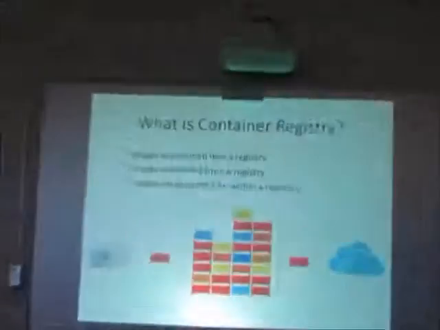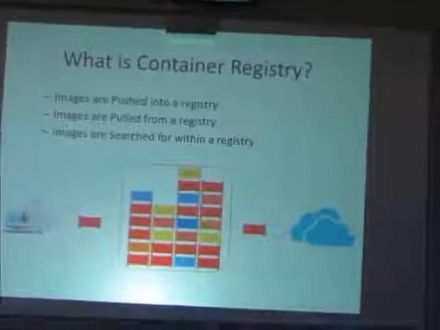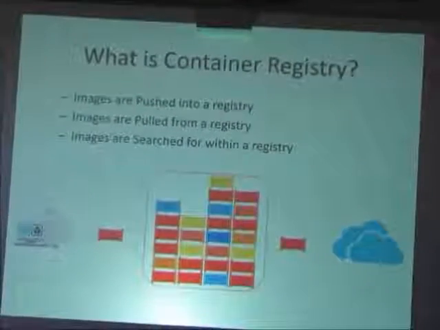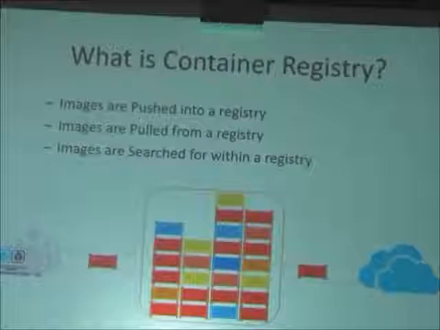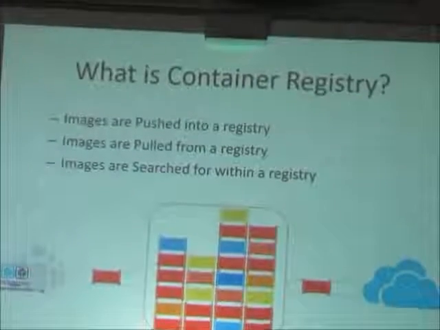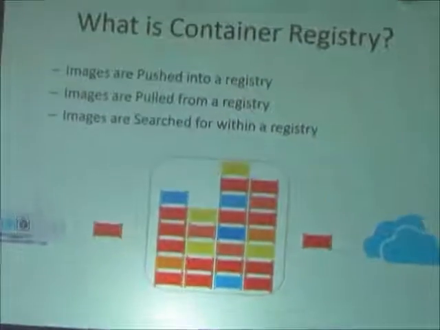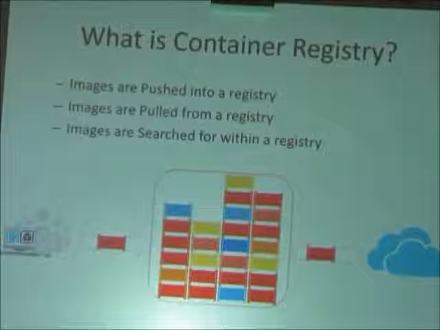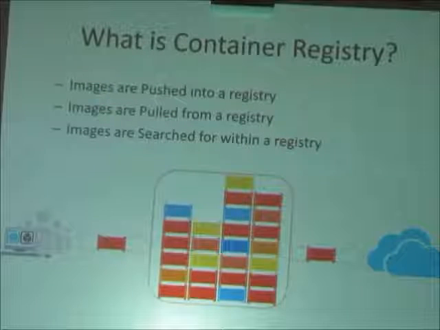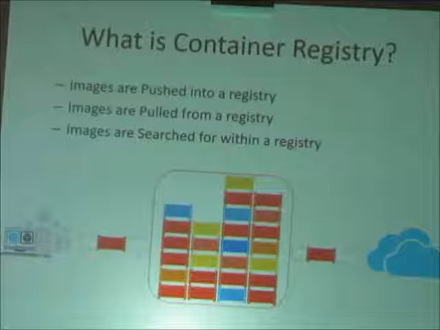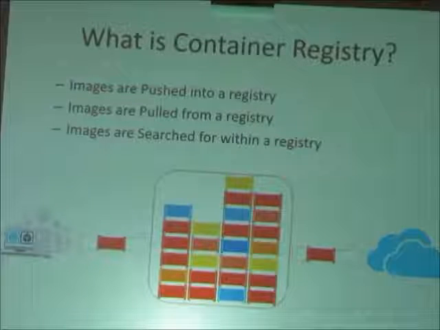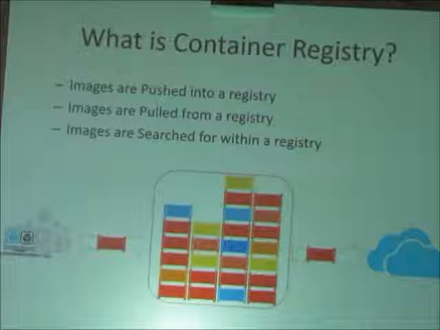So Azure Container Registry. First, what is a container registry? It's a place to put our images, and the images include all of the libraries, DLLs, frameworks, whatever you need to run your code. Images are pushed to and pulled from the registry and are searchable.